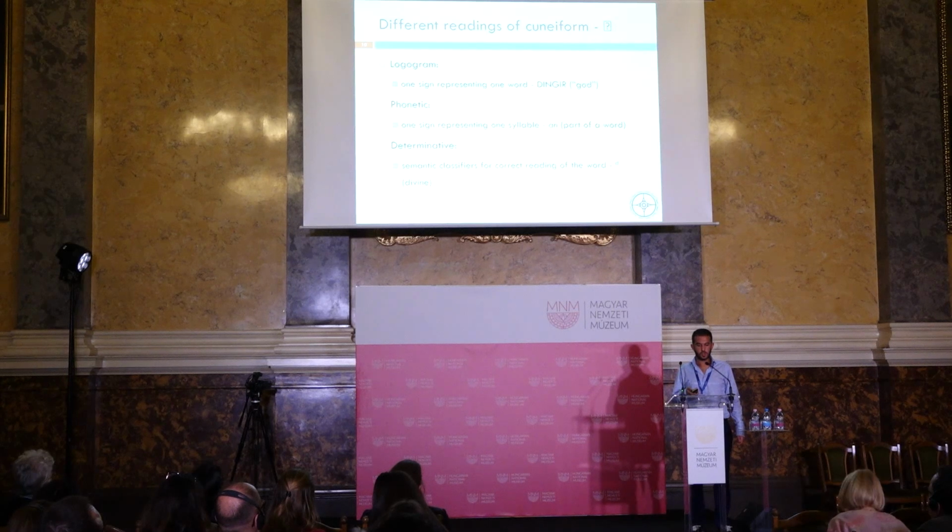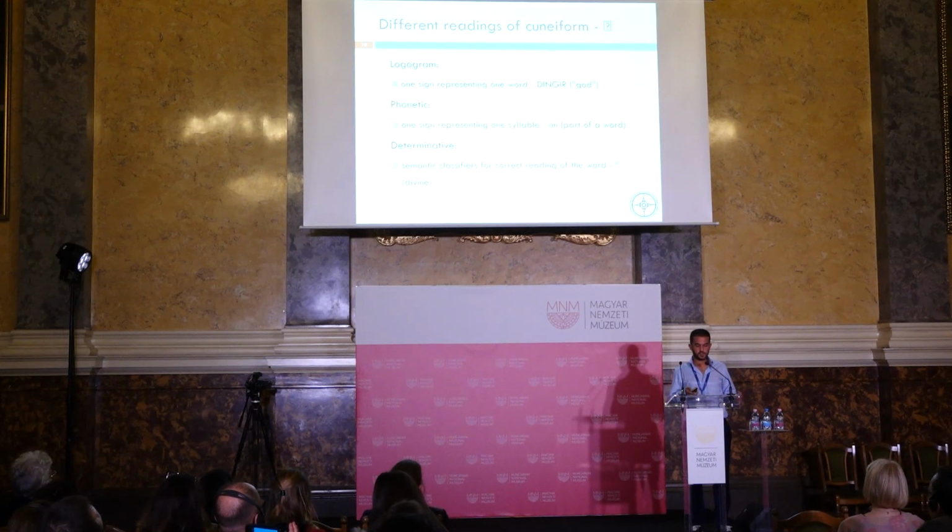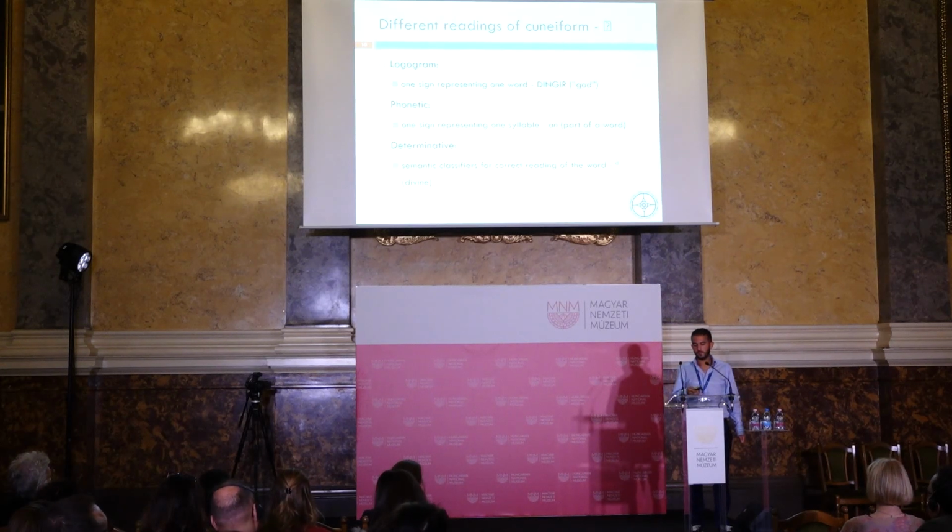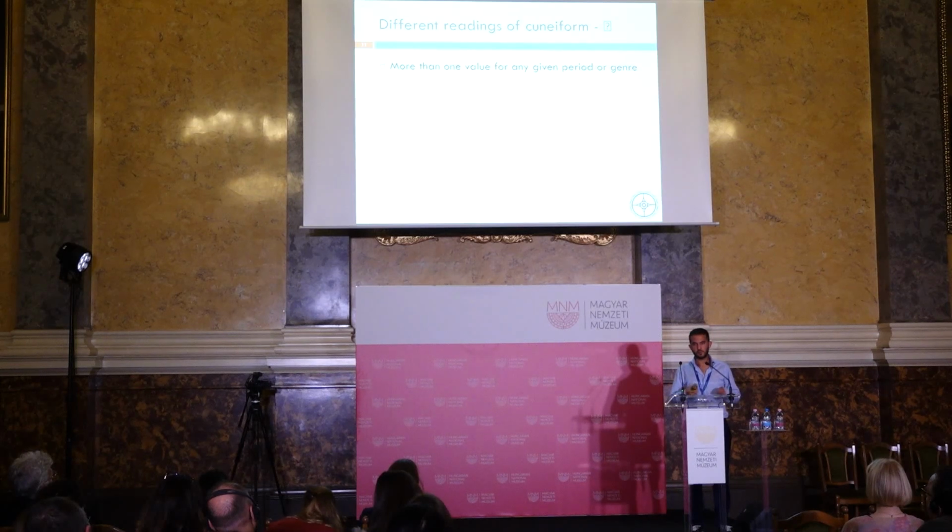And the third option of reading a cuneiform sign is as a determinative, which means it's a semantic classifier of what type of word is the next one. For example, a determinative could be that the next word is a god, or a name of a place. And even one cuneiform sign could be a few different logograms or different phonetic syllables.